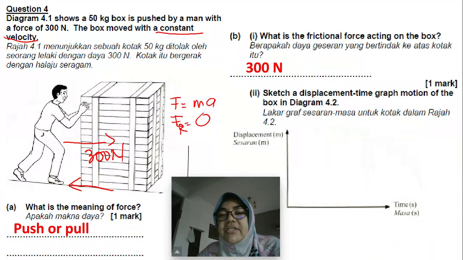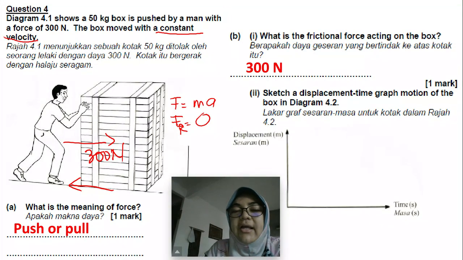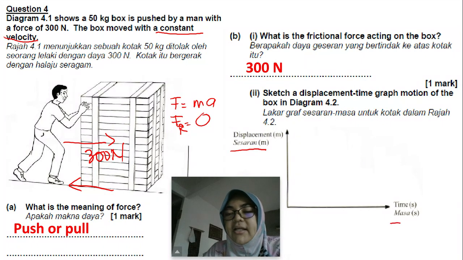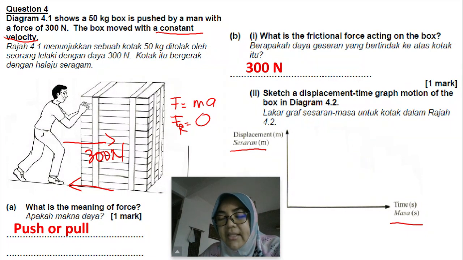Number 3, sketch a displacement time graph of the motion of the box. Okay, so please look carefully. The graph is a displacement time graph and the motion is constant velocity. So what is the graph? It's a directly proportional graph.